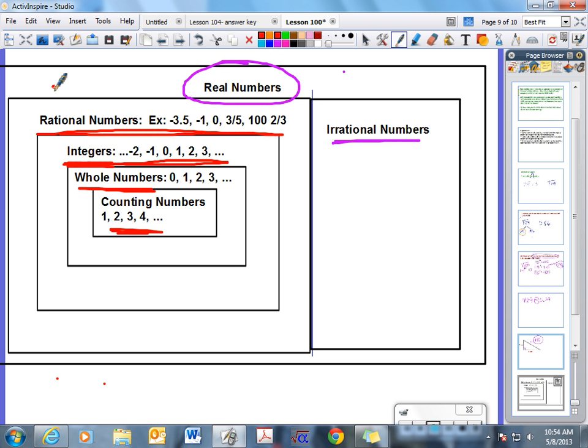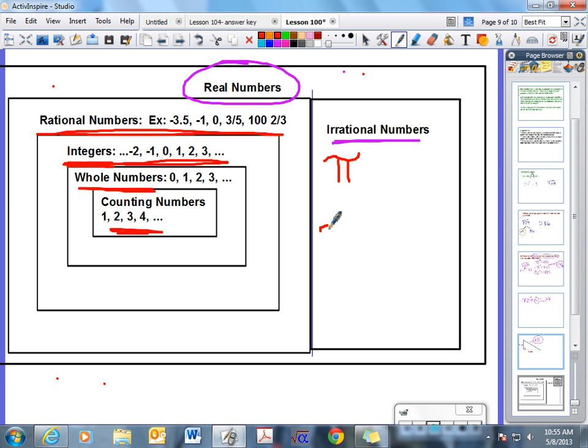Okay? Now there is one irrational number that we've talked about quite a bit this year, and that is pi. You know, there have been several times that I've told you, yes, we'll use 3.14 for pi, but that is not the exact value of pi. We've rounded it off. Or 22/7, we're going to use it for pi, but that's still not the exact value. It's a little closer than 3.14, but it's not the exact value of pi because pi is irrational.